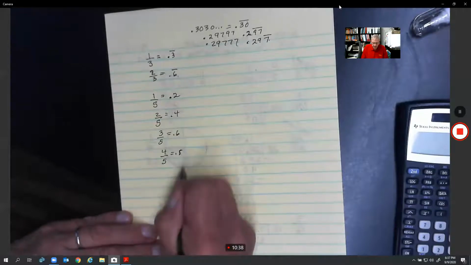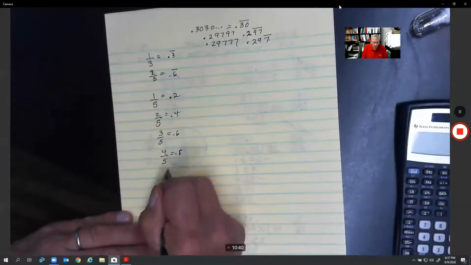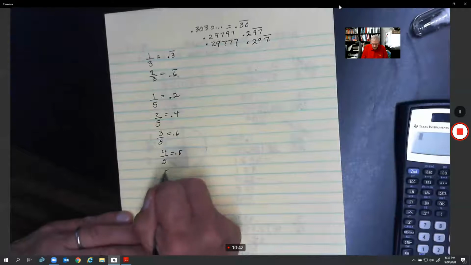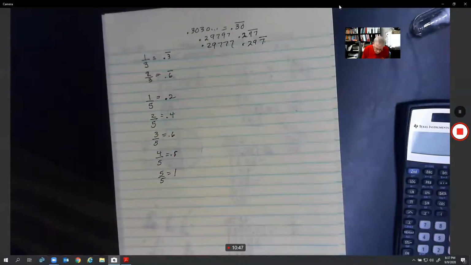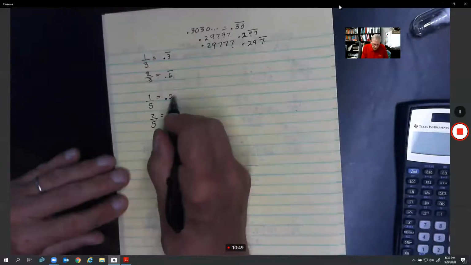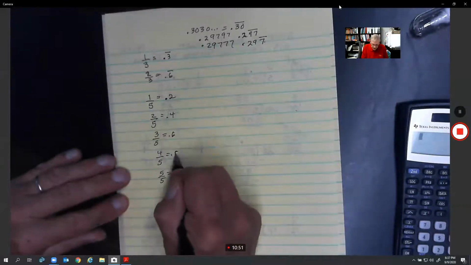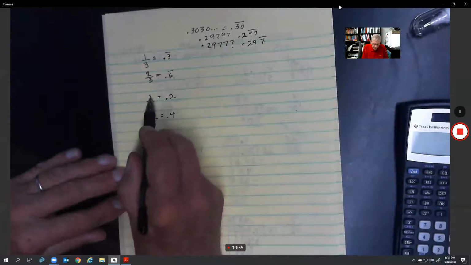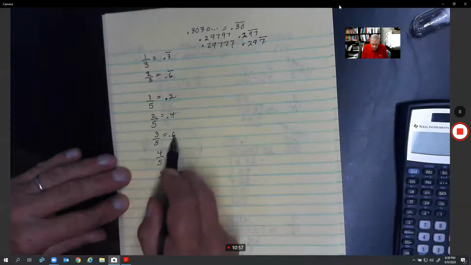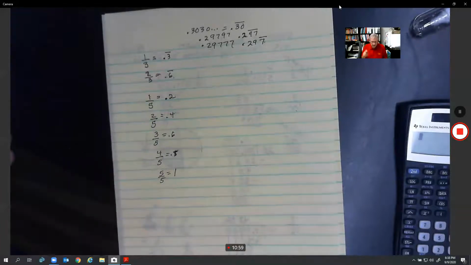See a pattern? 2, 4, 6, 8. Who do we appreciate? And of course, 5/5 would be 1 whole. So fifths, 2, 4, 6, 8. You can multiply the top number by 2. So that's how fifths are.